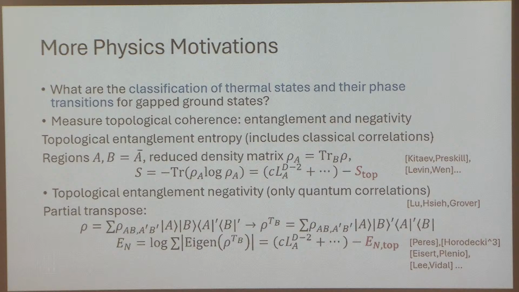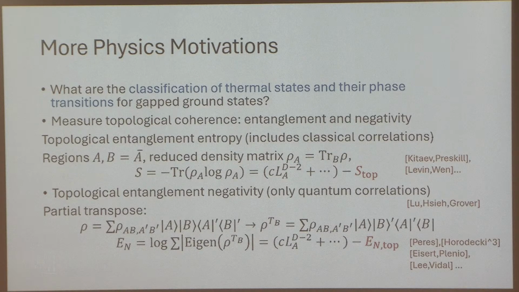Another quantity is the topological entanglement negativity, and this has been proposed to capture only the quantum coherence of your density matrix. The way to do that is to similarly partition the space into two regions, namely some region A and a complement region which I call the region B. Then you take the transpose for the states that belong to the Hilbert space of the complement region. This is called the partial transpose.